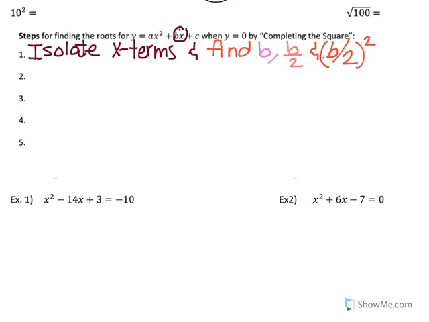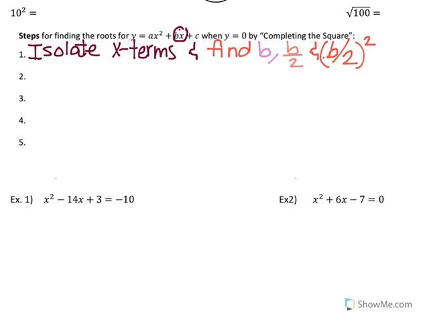Whatever that number is in front of x, that's what we focus on. We take that number and divide it by 2, and then we take that answer of b over 2 and we square it.